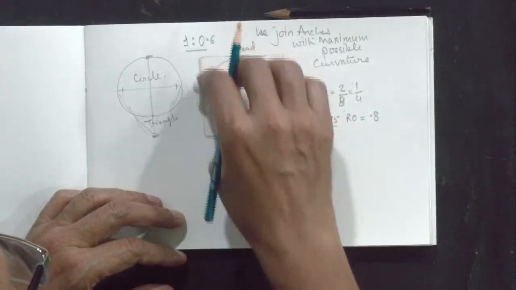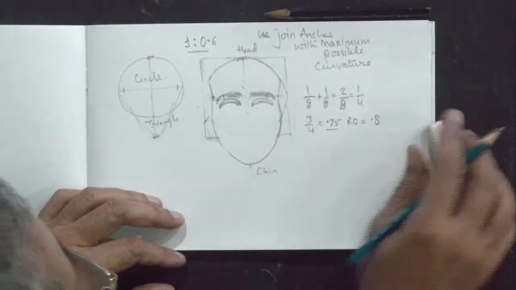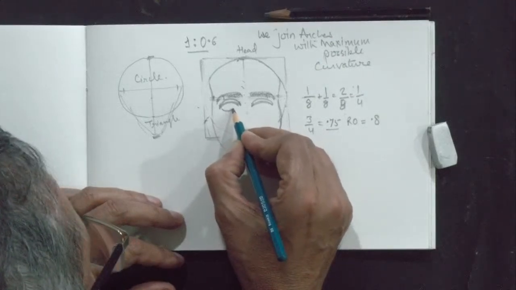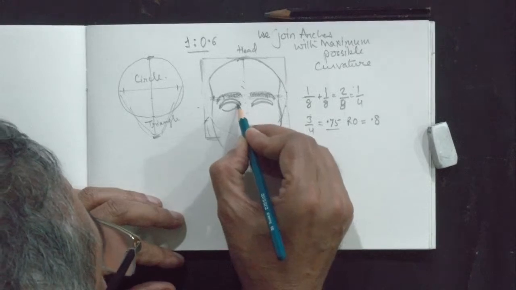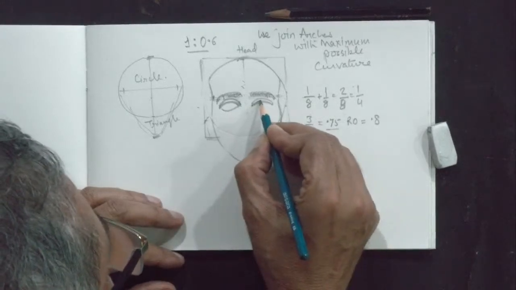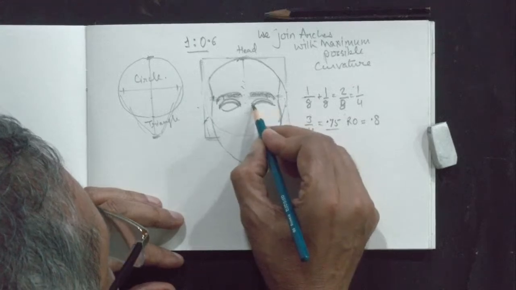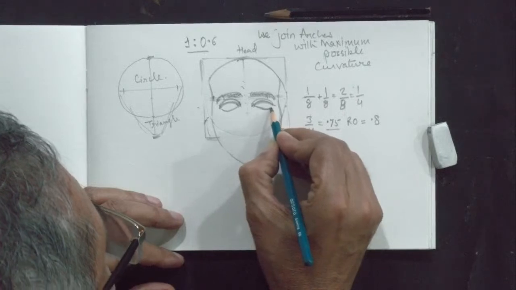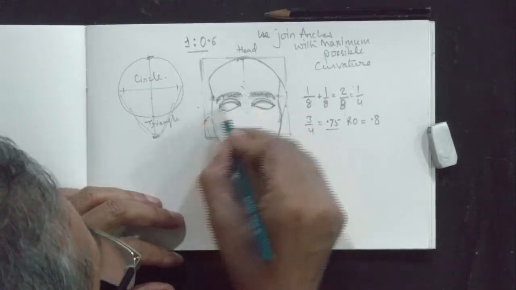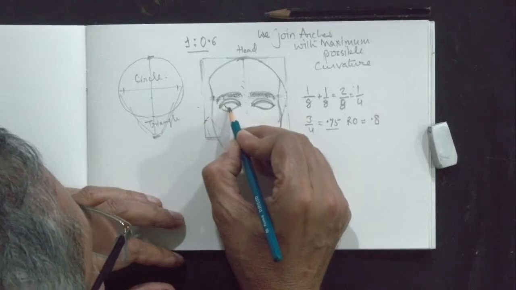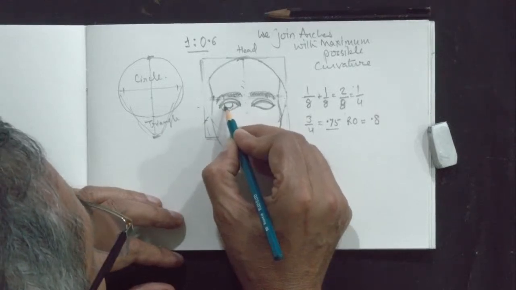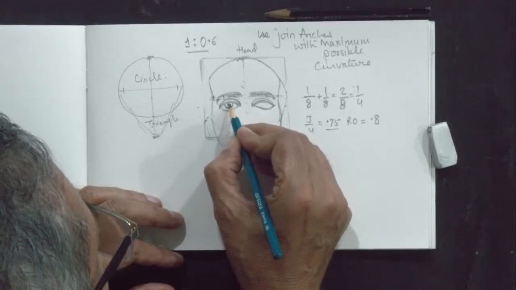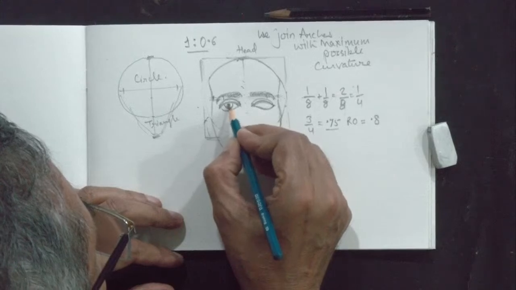Now remember, this pocket is to accommodate the external pinna. But before that, let us complete the most interesting part of the face, and that is eyes. When we make the iris, half of the iris is hidden behind the eyelid, and the pupil and the cornea.